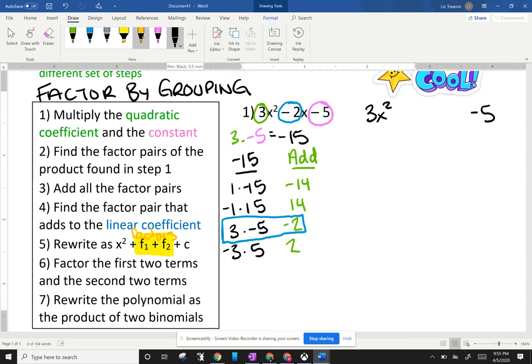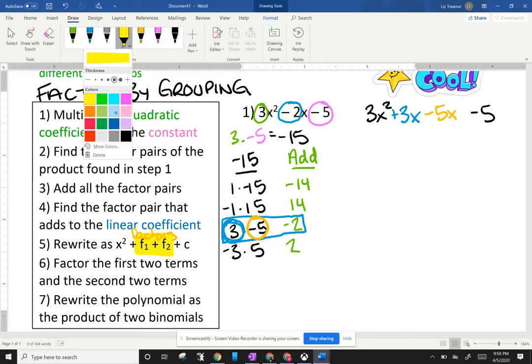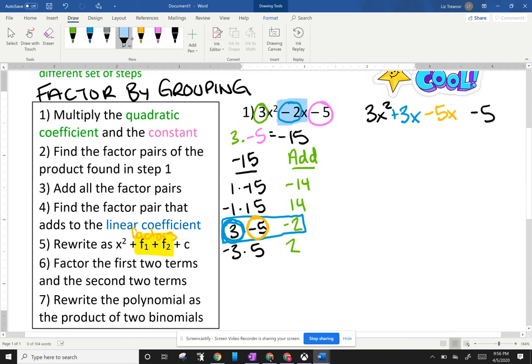And in this case, it's going to change like so. 3 is going to be plus 3x, and then -5 is going to be minus 5x. So now we've just rewritten the linear coefficient as 3x minus 5x, which is fine because 3x minus 5x is -2x. We're just rewriting it a little differently. And there's a reason for that.